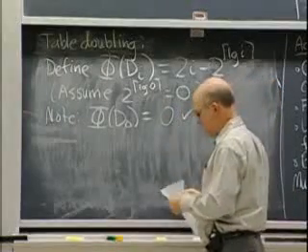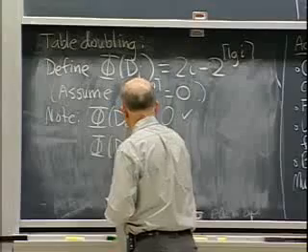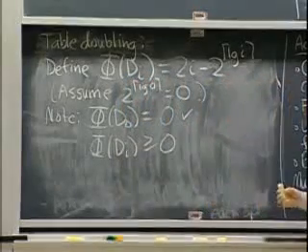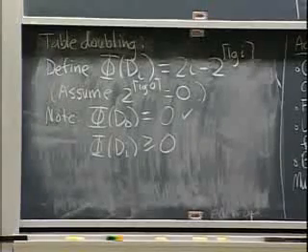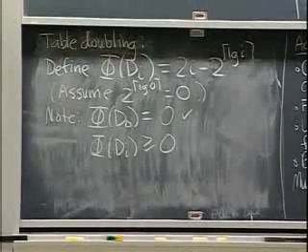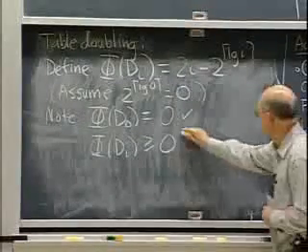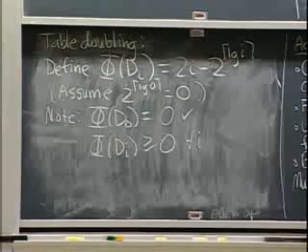So that's good. And phi of di is greater than or equal to 0, for all i. Why is that?